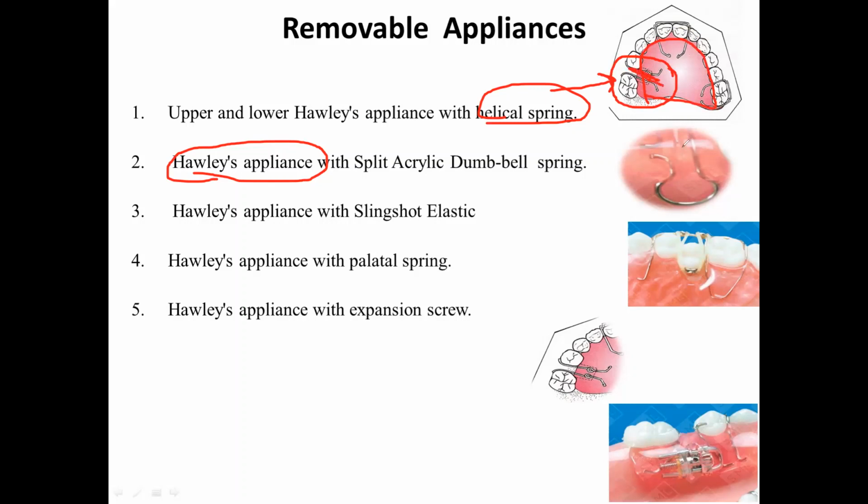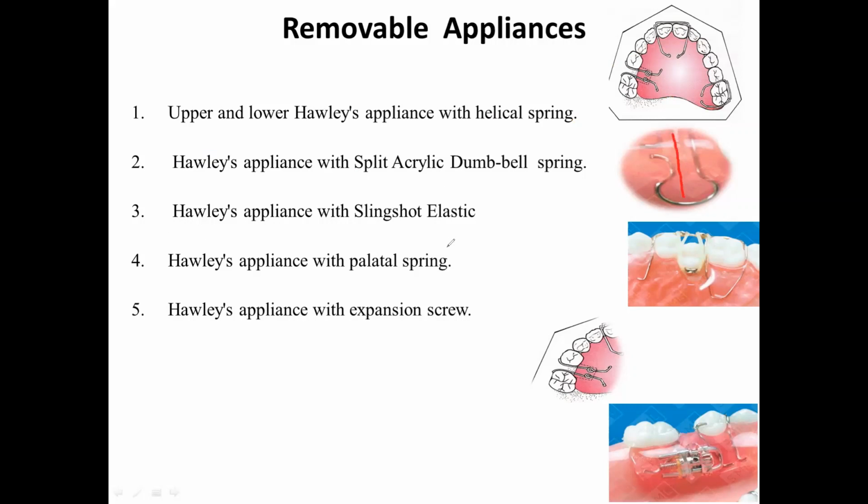You see here, this is split. That's why it is called a Hollis split acrylic plate with a dumbbell sort of spring. You see the shape of the spring is like a dumbbell. So we call it a Hollis appliance with a dumbbell spring, but that is a split plate.